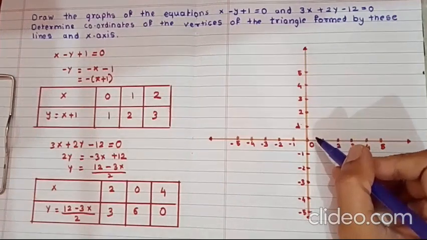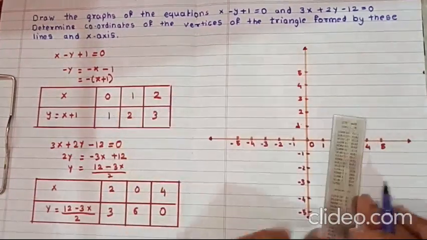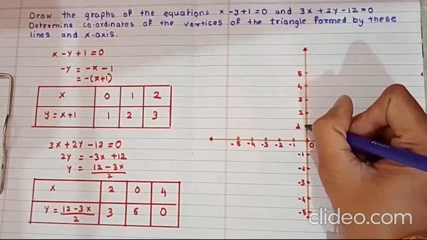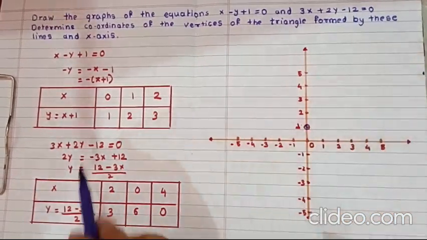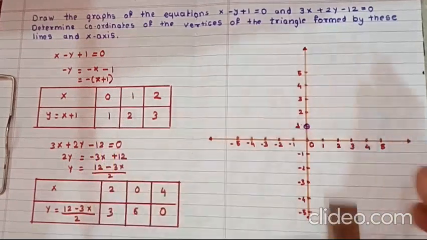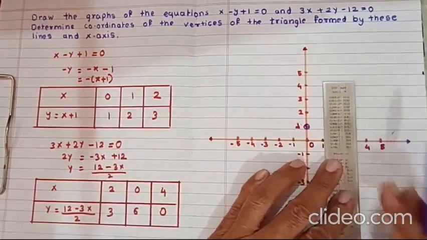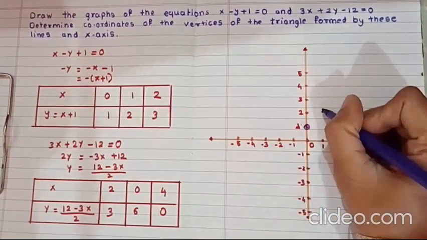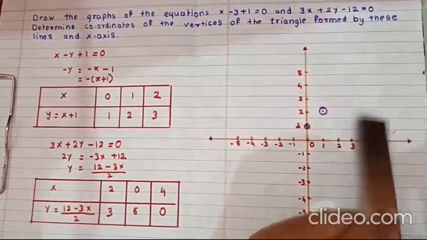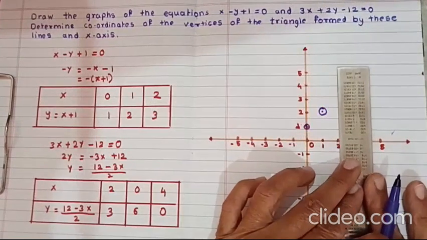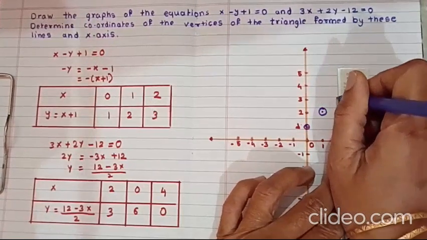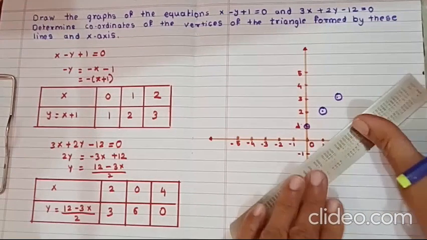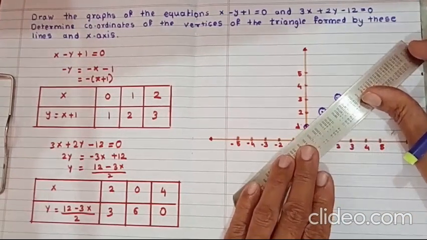So here my first point will be x 0, y 1. The second point will be x 1, y 2. The third will be 2, 3, so here x 2, y 3. I will draw the line representing these 3 points.